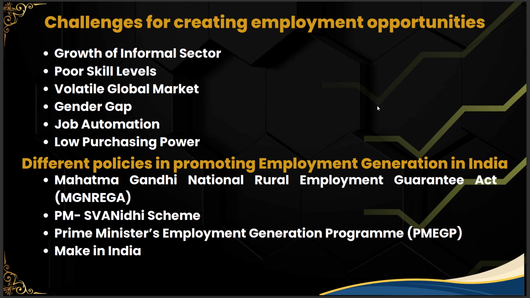Next one is the PM SVANidhi scheme. It is nothing but Prime Minister Street Vendors Atmanirbhar Nidhi. It provided collateral free working capital loans to street vendors in urban areas, particularly to resume their businesses which were affected due to the COVID crisis.